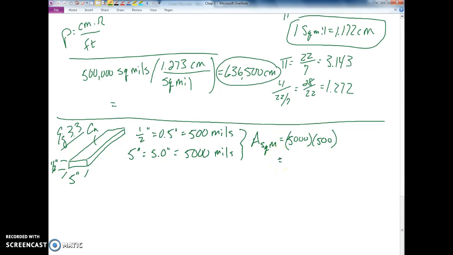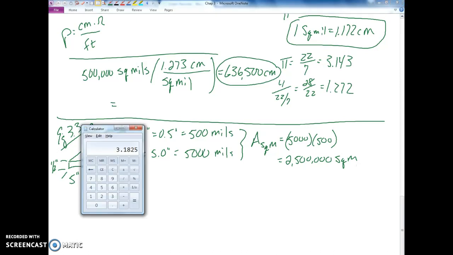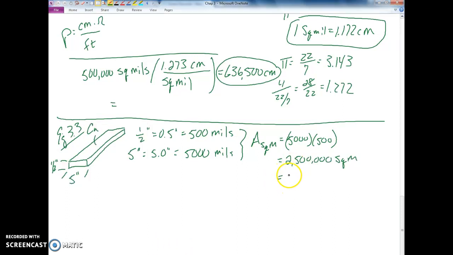And according to the book, that would give us 2,500,000 square mills. Let's just confirm that with 5,000 times 500. 1, 2, 3, 4, 5 zeros. 2.5, and then simplify this a little bit, 2.5 times 10 to the 6th square mills.